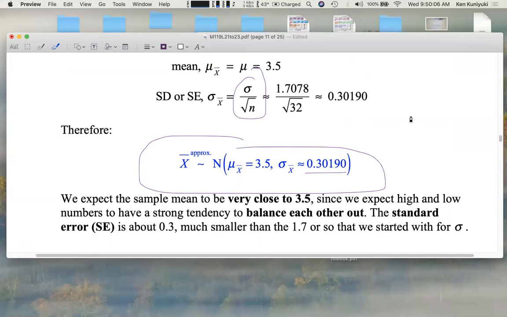You expect to see about a sixth ones by the law of large numbers, about a sixth twos, about a sixth threes, about a sixth fours, about a sixth fives, about a sixth sixes. So you kind of expect a uniform distribution between ones through sixes, right?